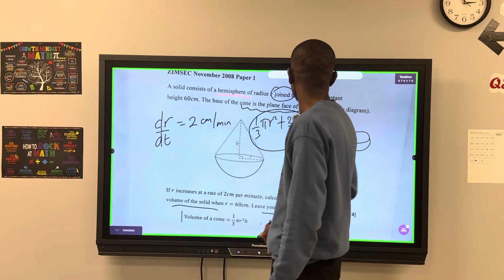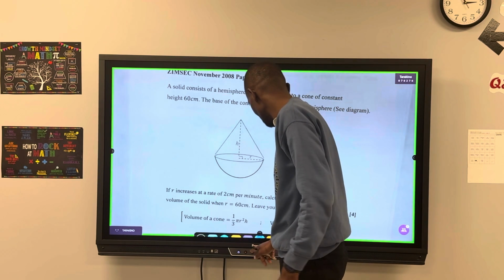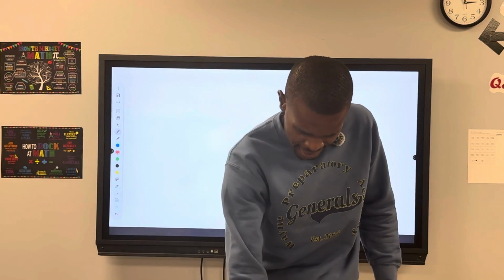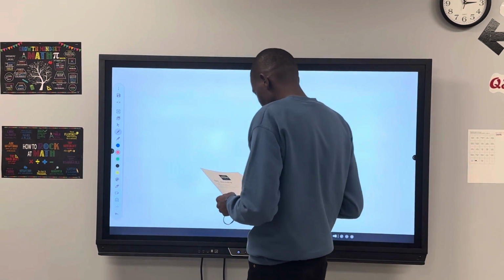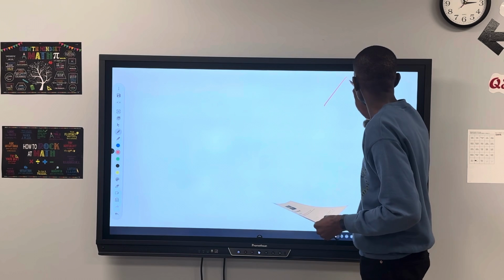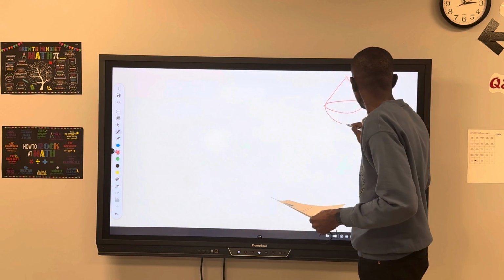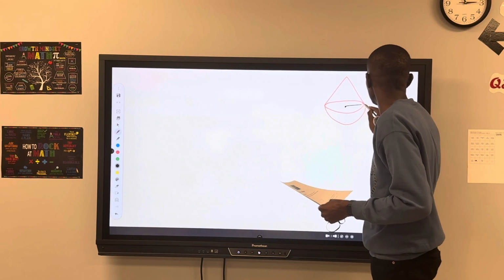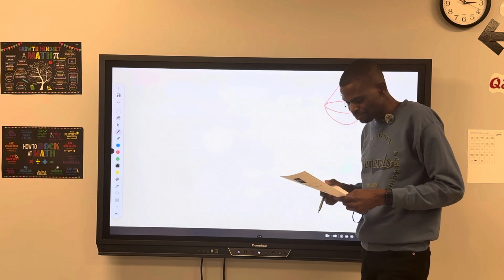So now let's proceed with the question. Okay, I need the whiteboard here. A solid consists of a hemisphere. I'll put the diagram here for reference. That's my radius, that's my height.